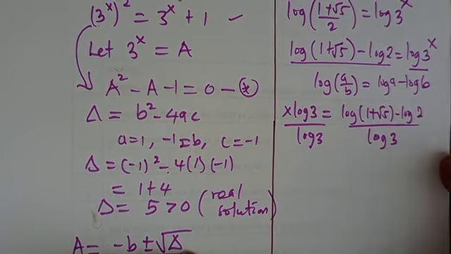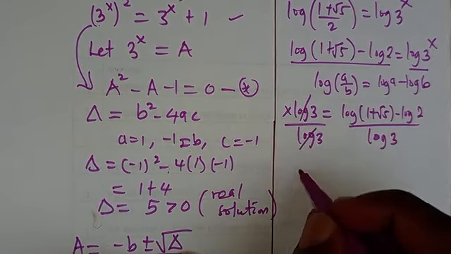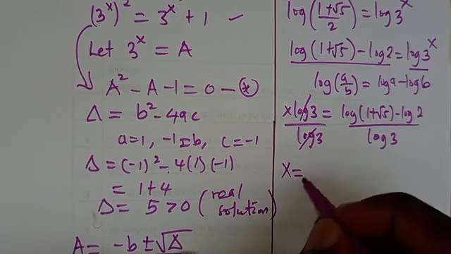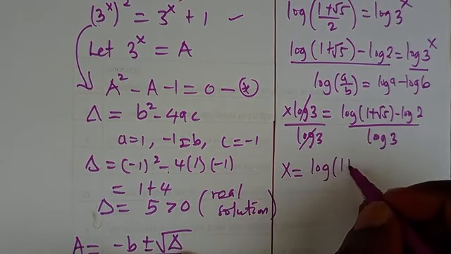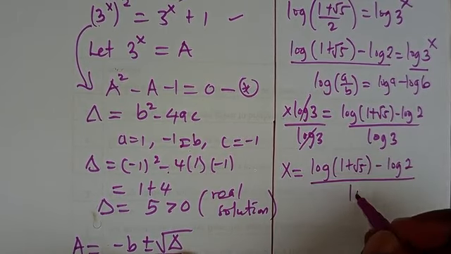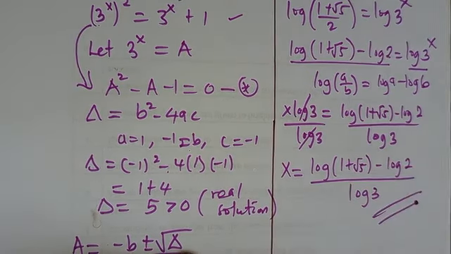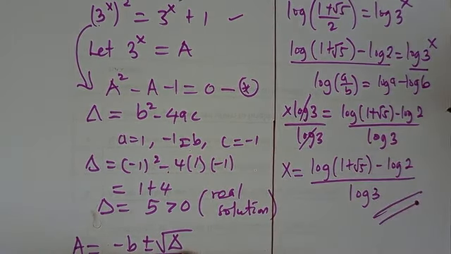So now dividing both sides by log 3, you can see that we cancel this one, we have x equals log (1 plus root 5) minus log 2 over log 3. So now that is the solution here. You don't need to write this in decimal because it won't give you an accurate value. So this is where you should stop.